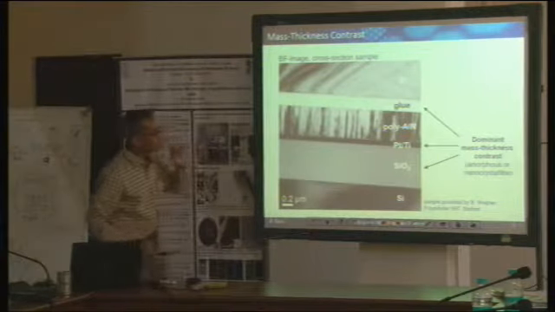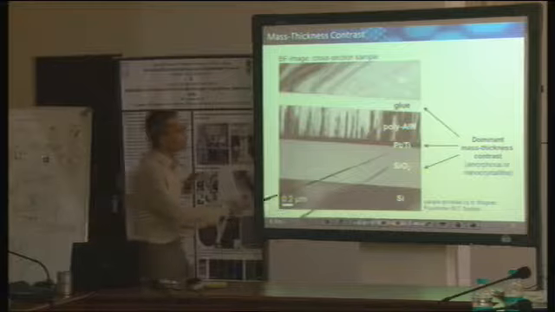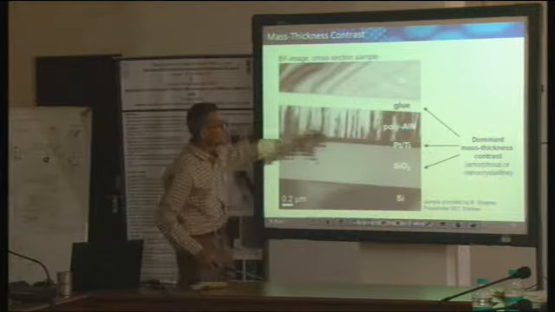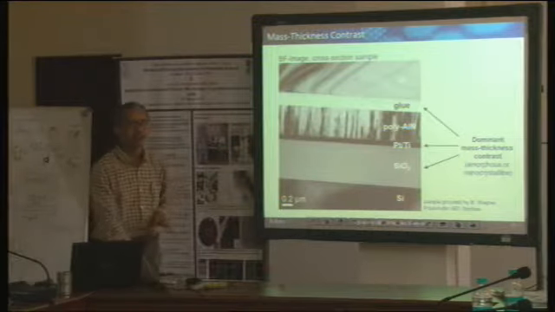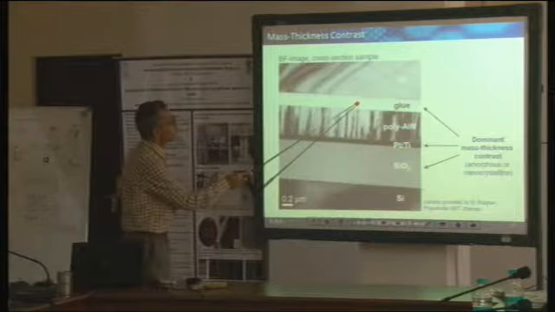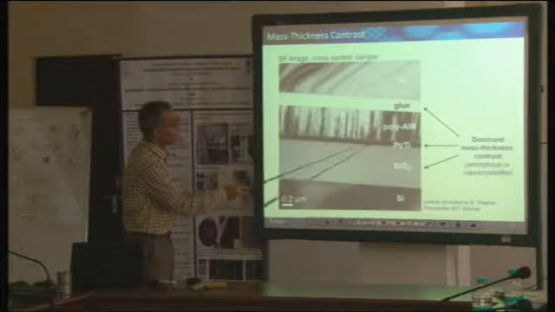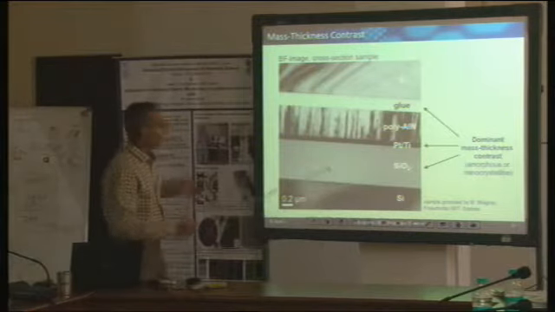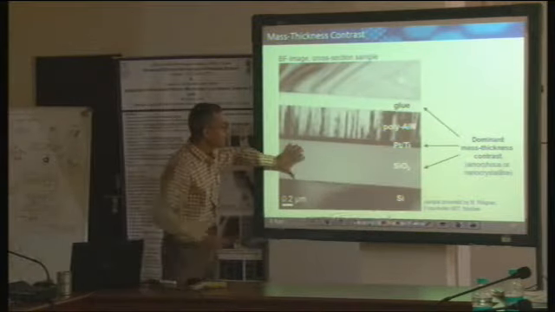Now what are the contrasts that we are seeing? So here and here and here we see more or less uniform contrast, but the contrast is different. This is the brightest, this is the darkest, this is intermediate. And they are all uniform.